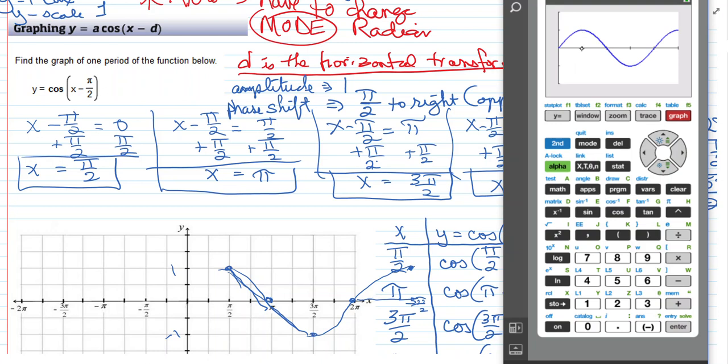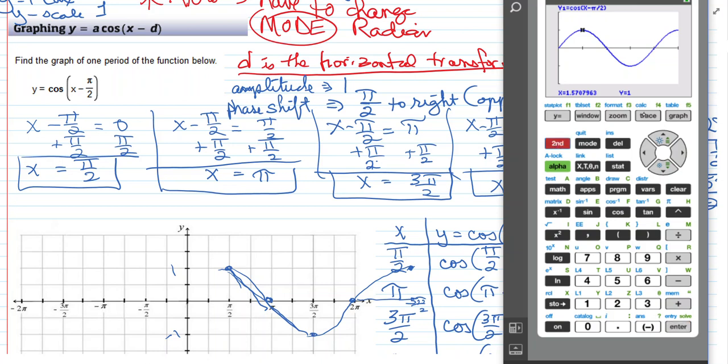So the cosine starts, second calc value, and it starts at pi halves. And you'll see that's where it is. And it ends at 5 pi, because we have the bowl.